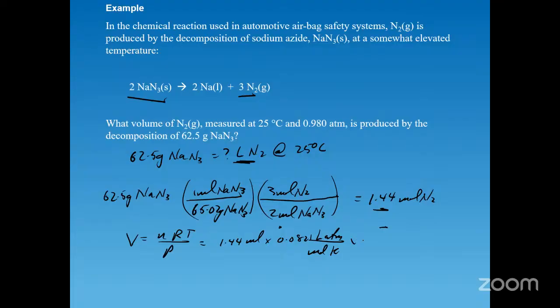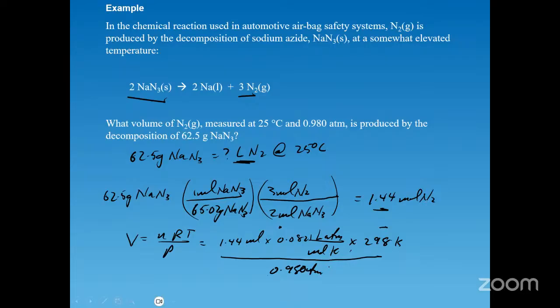And then multiply by the temperature, which must be expressed in Kelvin, which would be 25 plus 273, so that would be 298 Kelvin. And then I'll divide all of that by the pressure, which is equal to 0.980 atmospheres.